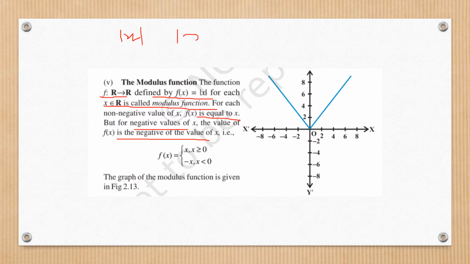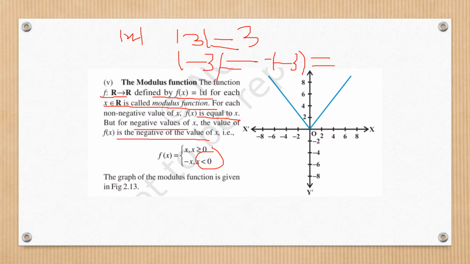So that's why absolute value is always positive. Like for 3, because 3 is positive, f(x) means the element will come itself as it is. But if it would have been minus 3, means x is negative, then it will come out as minus of minus 3. So that automatically will become positive, right?